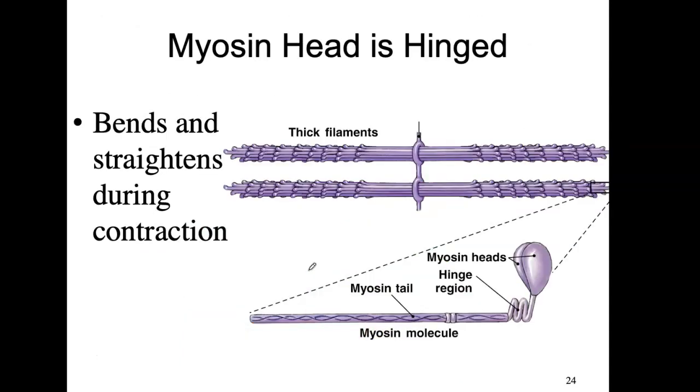This myosin head is hinged. Here's the hinge. And it bends and straightens during contraction. You have videos that I have posted for you on this. So imagine it coming up, attaching, moving that way. And then it's going to come up behind it, attach, and move that way. And then come behind it, attach, and move that way.